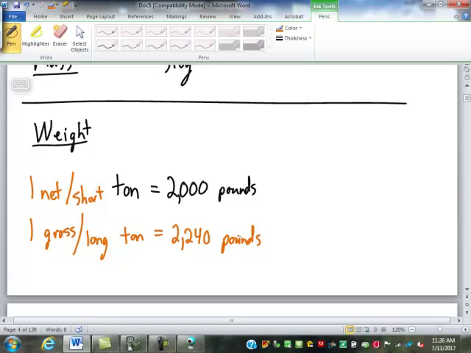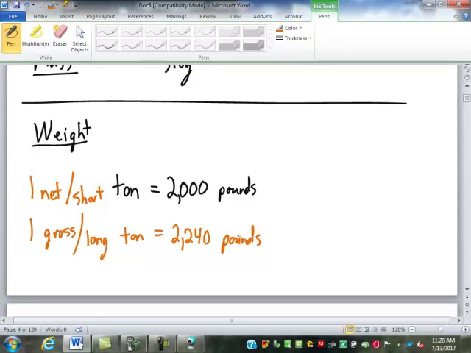The difference was just like your paycheck. If you work 40 hours in a week at $10 an hour, you've earned $400. But you don't get $400, do you? You might get like $290 because they take out taxes, whatever. The $400 is your gross pay. Your net pay is the $290 or whatever you actually get to take home.